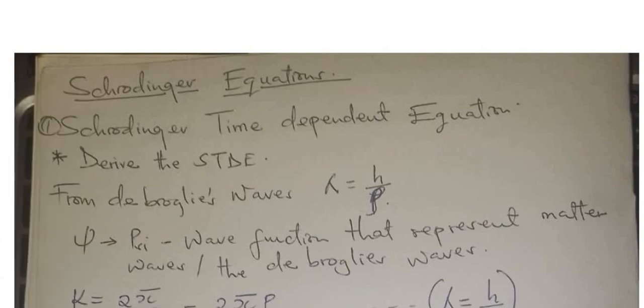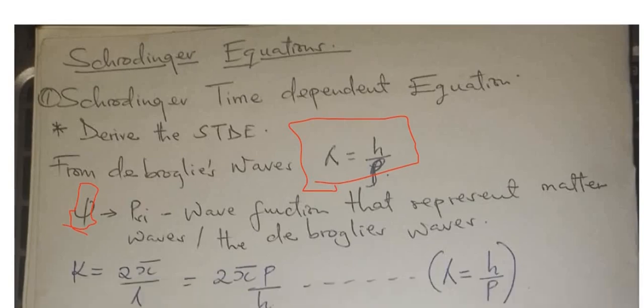This is the formula for de Broglie's waves, the wave function that represents matter waves.